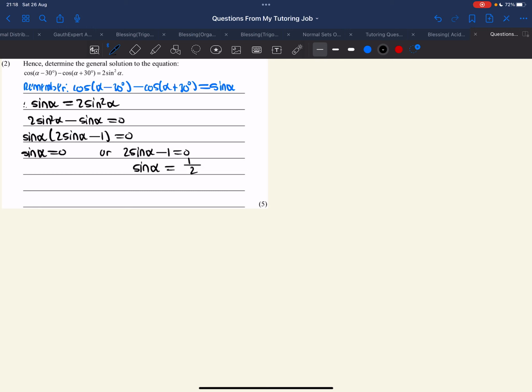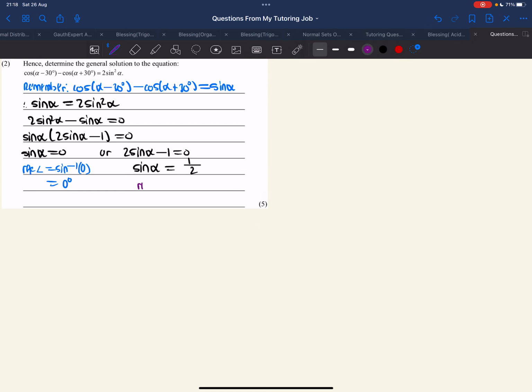Alright, now to find the reference angle, I'm going to use different colors. To find the reference angle here of that sine alpha, we're going to say shift of sine 0, which is going to give you basically 0 degrees. All right, and then let's go for this one.